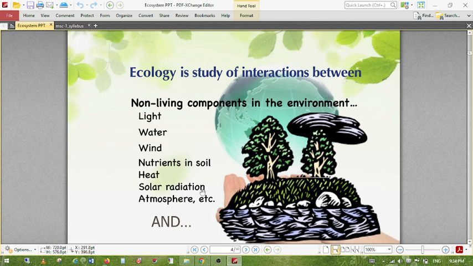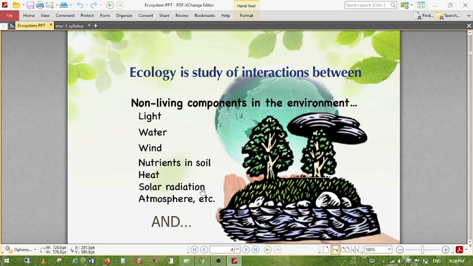So the definition: a group of organisms interacting among themselves and with the environment is called an ecosystem. Here the water, air, nutrients and the other organisms have an impact on the particular species, and that is the study of the ecosystem.